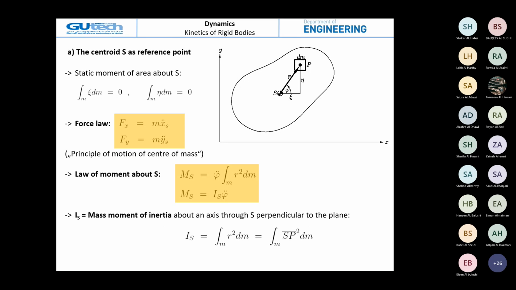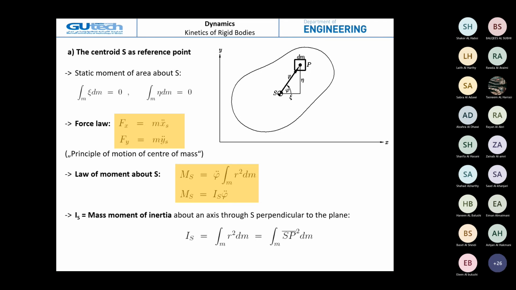We always have this relationship: the moment about the center of weight is always the mass moment of inertia multiplied by the angular acceleration.